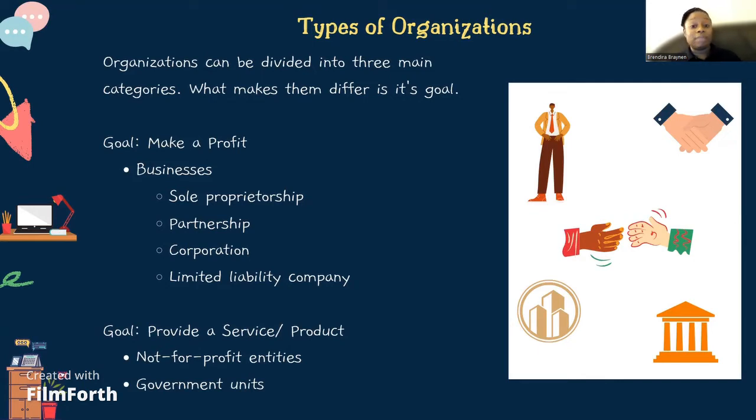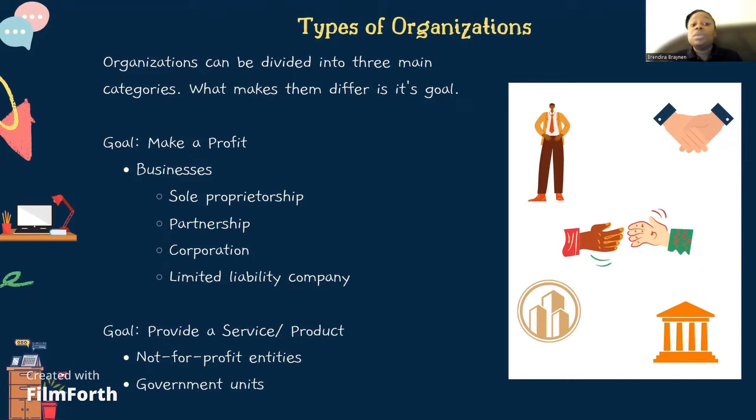Some businesses can be at home, some businesses can't. And so that means that there's always going to be different types of organizations you have to consider when you're talking about offices. And so types of organizations are what we're going to talk about next.